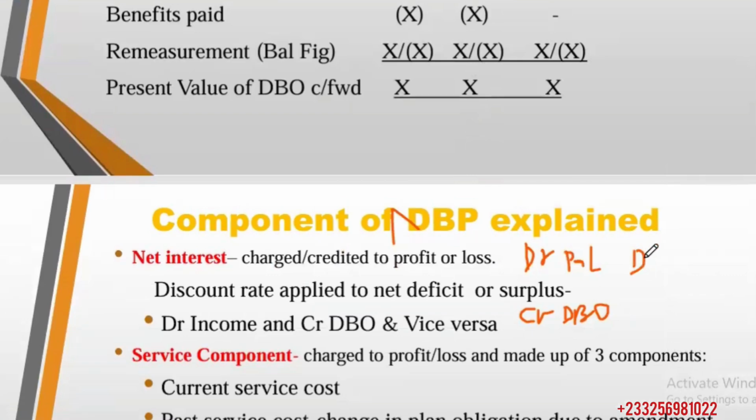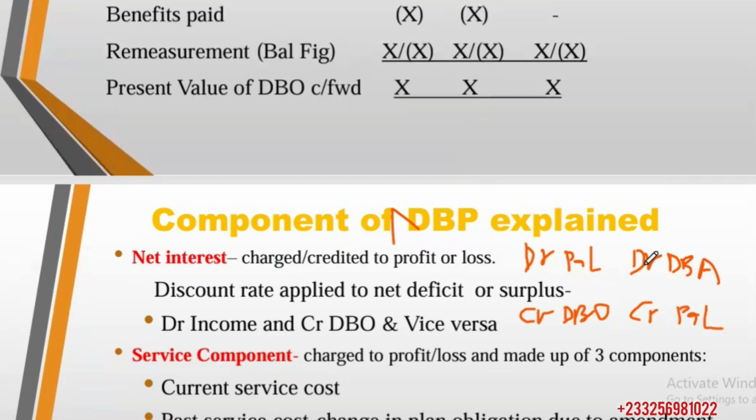We normally debit the defined benefit asset to add up, and then we take it to P&L as an income, so we credit P&L. That is the debit and the credit entry for the interest income.